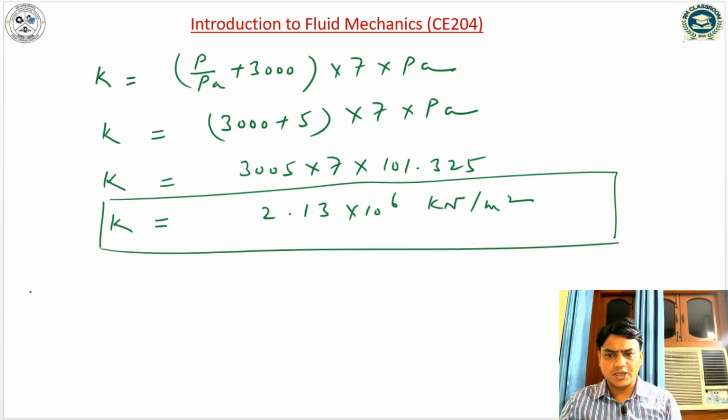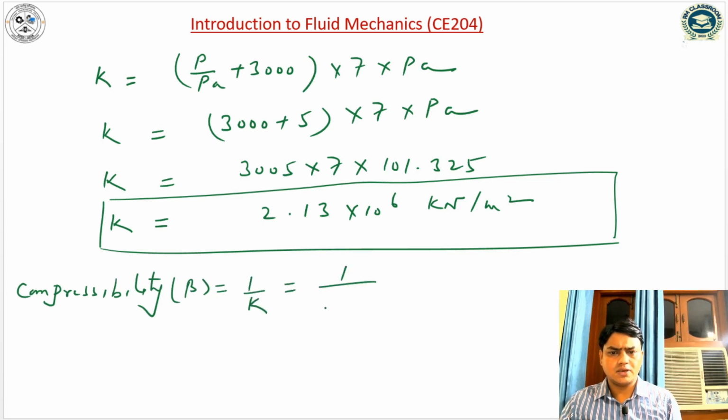Similarly, compressibility can be computed as beta is equal to 1 by K. So it will be 1 by 2.13 into 10 to the power 6. So beta is equal to 1 divided by 2.13.